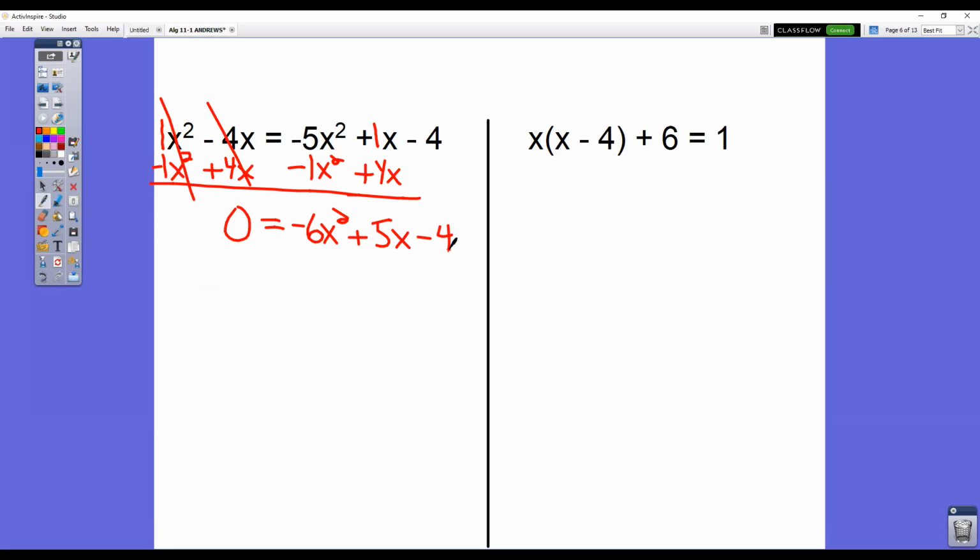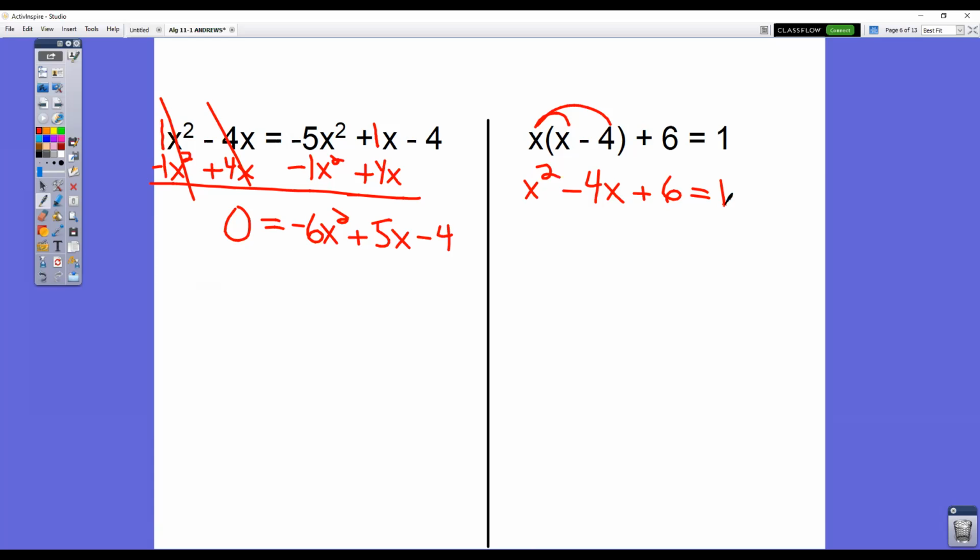The next one requires a little bit of distributive property first. We always want to get rid of the parentheses first. X times x gives you x squared. X times negative 4 is negative 4x. Plus 6 equals 1.